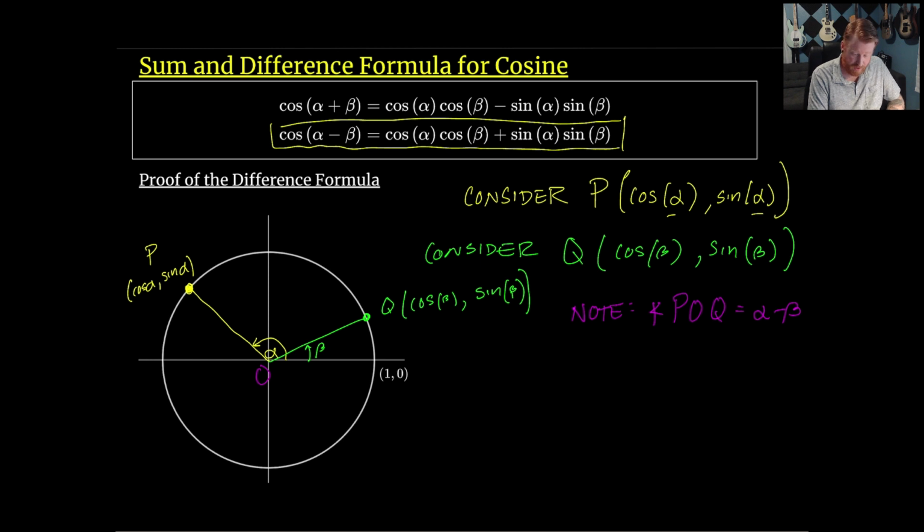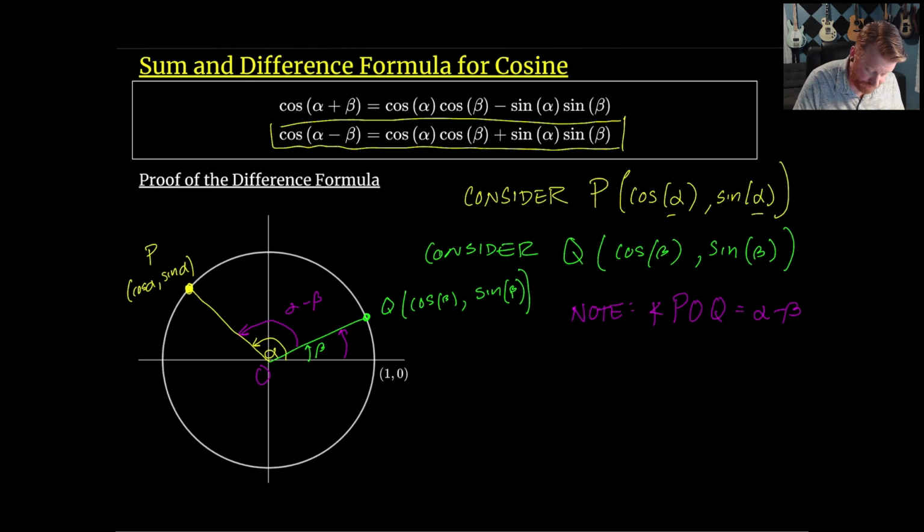So if we just take a look at that angle there, this angle here must be alpha, since the entire yellow distance is alpha, and then we need to subtract off that little beta portion here, to just get the in-between arc length that we're looking between, that arc length between P and Q, or that angle POQ.